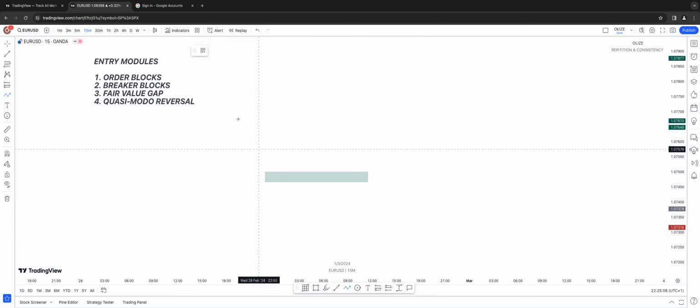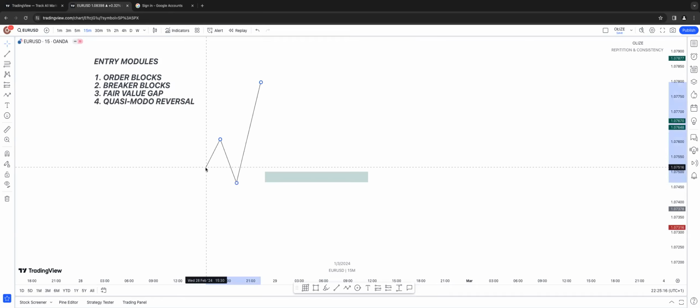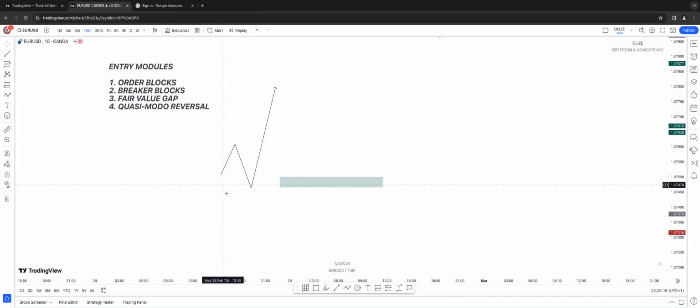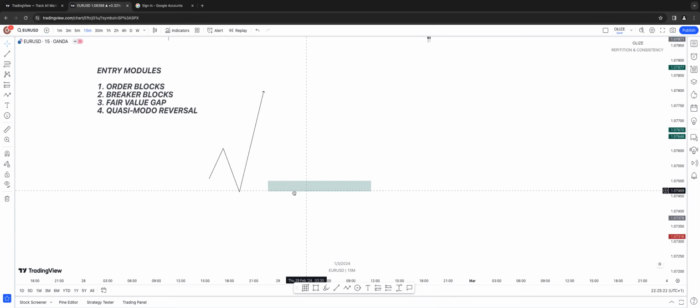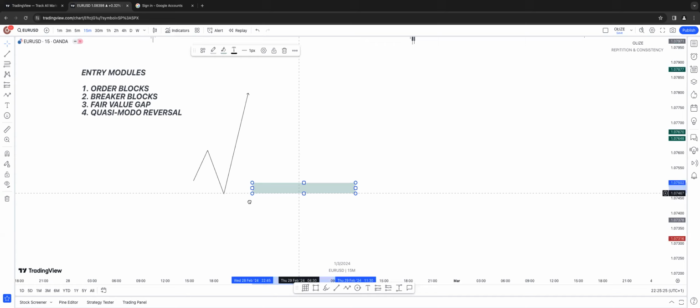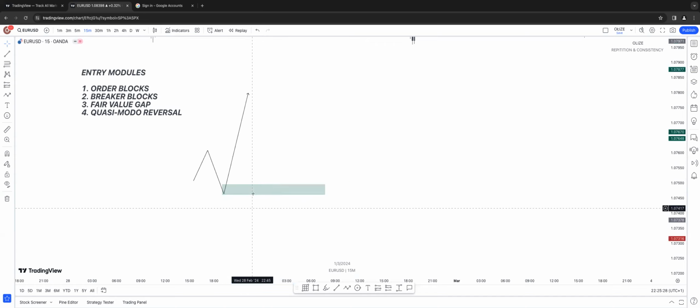This occurs when we have a break of structure. Our order block can also be regarded as the last opposition before the main impulsive move, before the swing structure here. In the bullish scenario, it will be your last bearish candlestick that you mark out to be your order block.